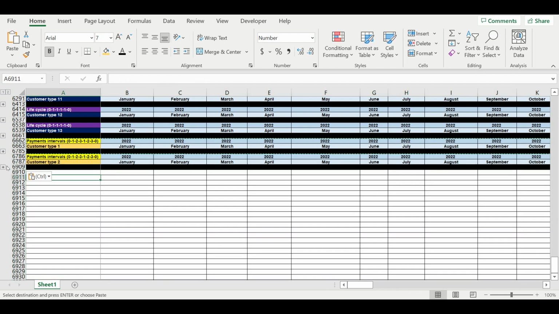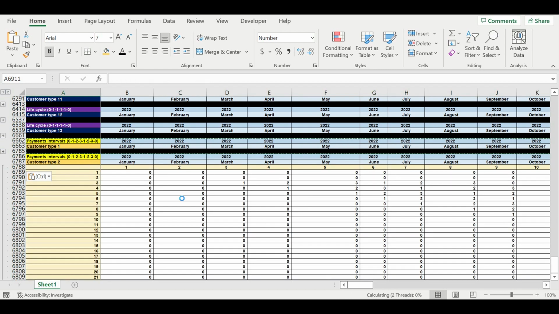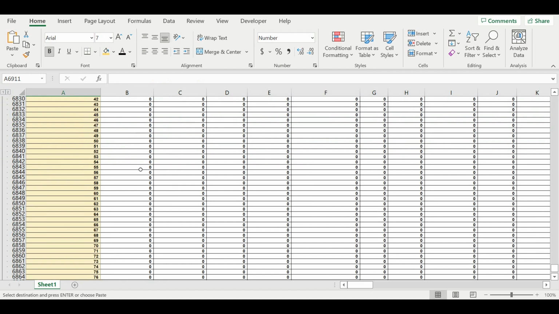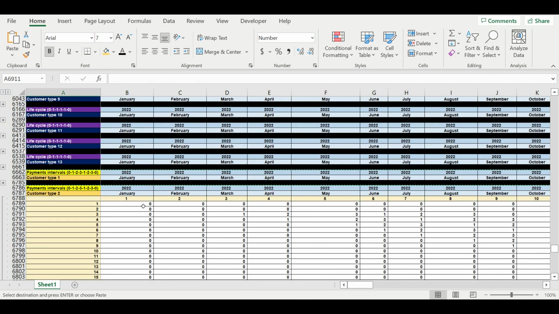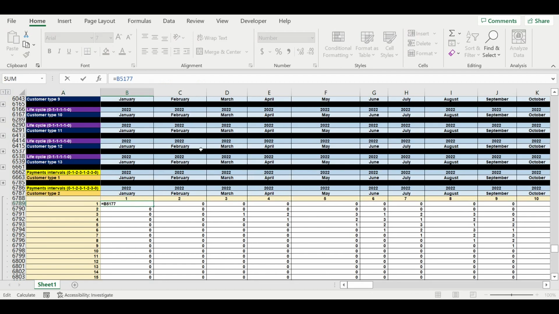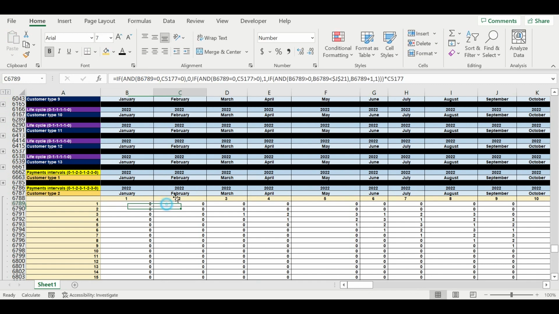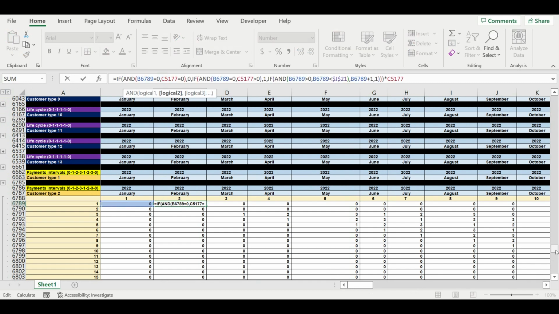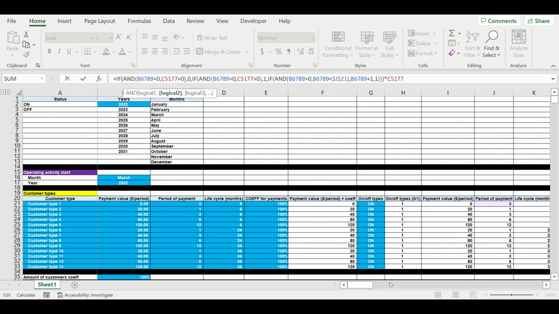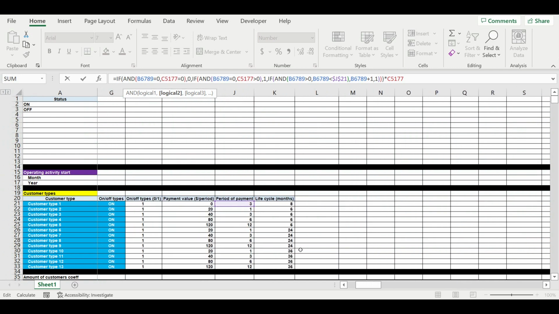The second one will be here. Here I don't touch the formula. Here I do. Just go up. The period of payment will be 1 month, monthly.